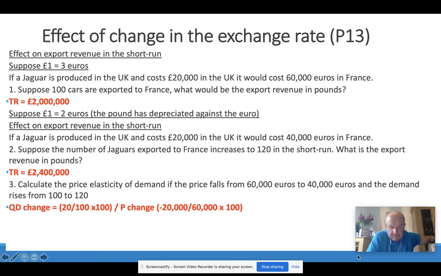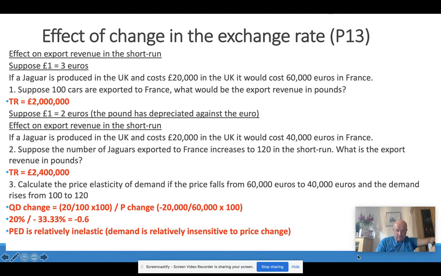Then for our price change, we've got a €20,000 change against the original €60,000, times 100. That gives us a 20% change in quantity demanded, divided by a 33% fall in the price. So in this instance, we've got relatively inelastic demand, relatively insensitive to price change. Quite a big price change, but our percentage change in quantity demanded hasn't changed significantly.